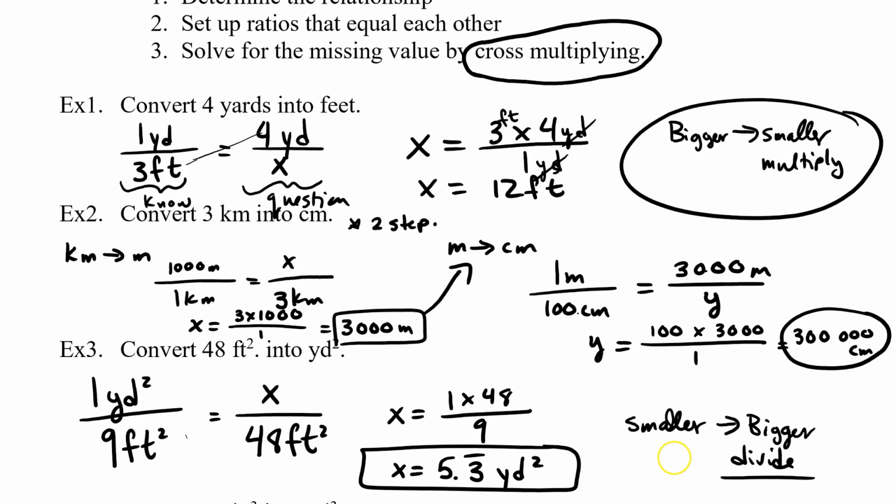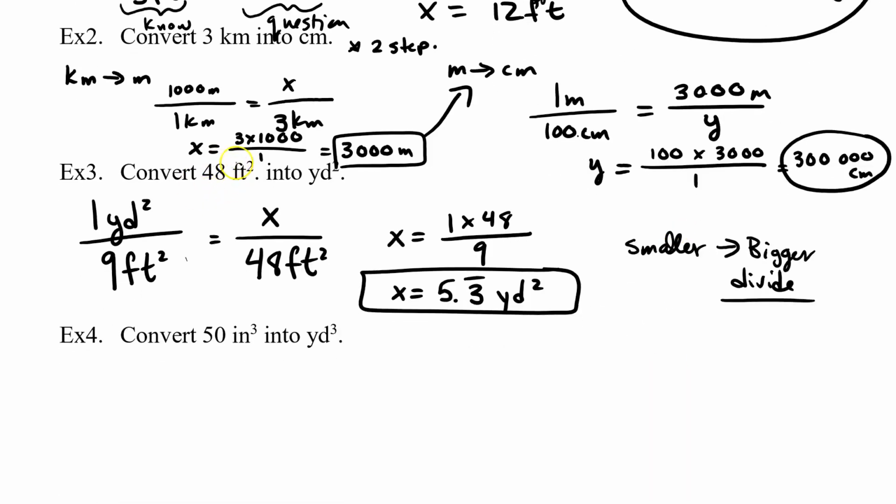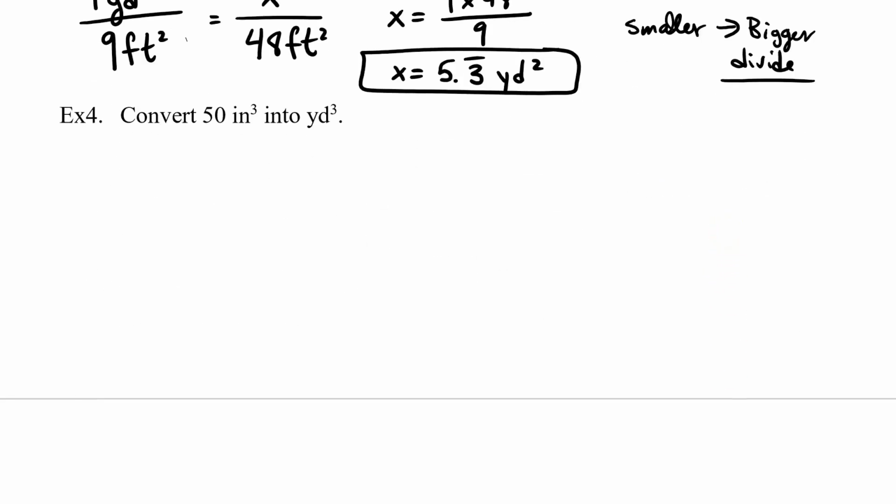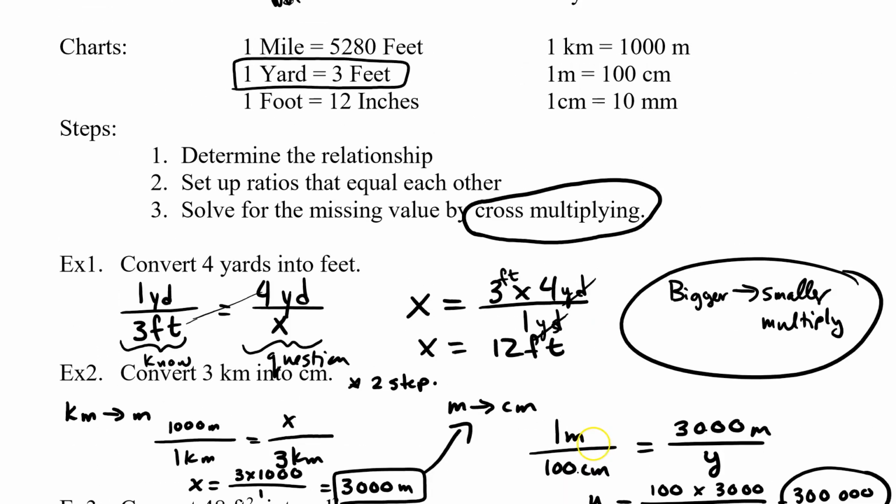Because what I could have done with this one is I could have just said 4 times 3. Or I could have just said this one, 48 divided by 9. And I could have found the exact same answer in a little bit of a shorter time. So we want to go from inches to yards, but let's look at our relationships that were given here.